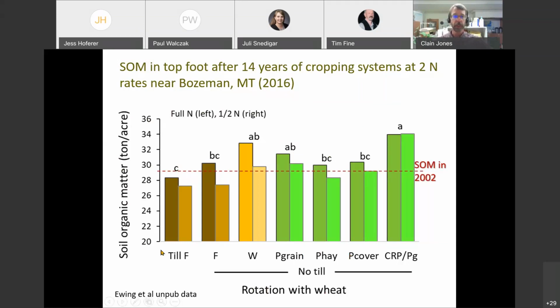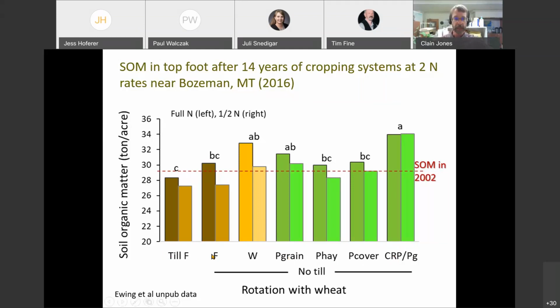Those include tilled fallow, no-till fallow, continuous wheat, pea grain followed by wheat, pea hay, a pea cover crop, and then a system that was CRP, an alfalfa grass mix for 10 years, and then converted in the last 4 years to pea grain.